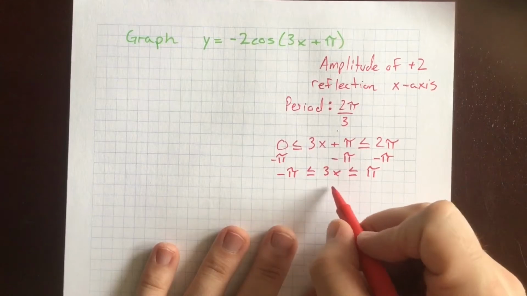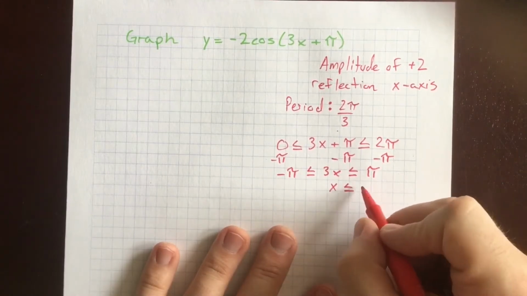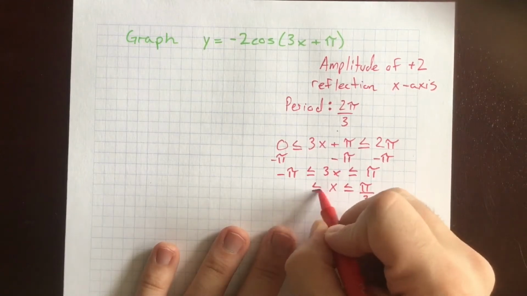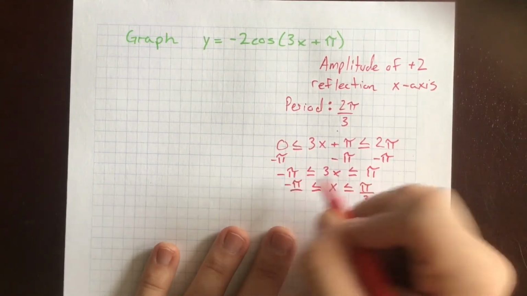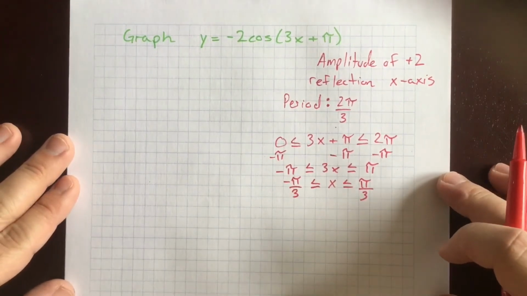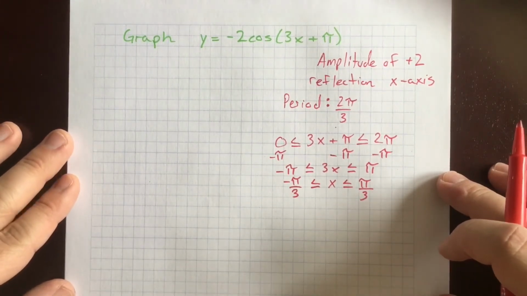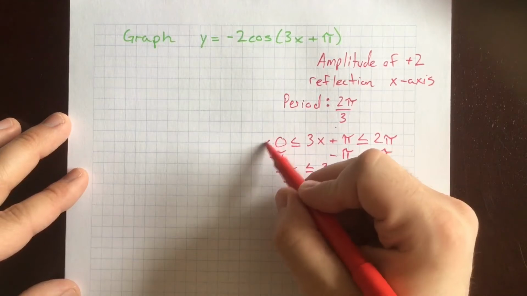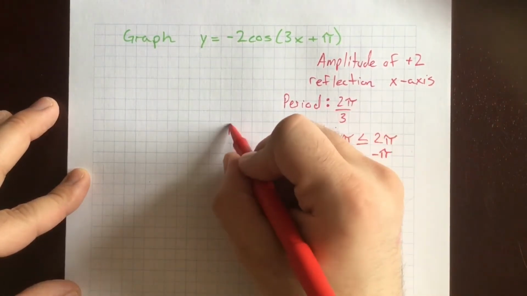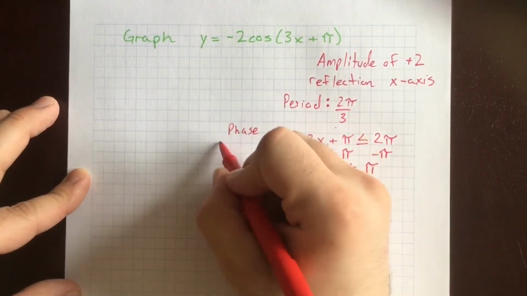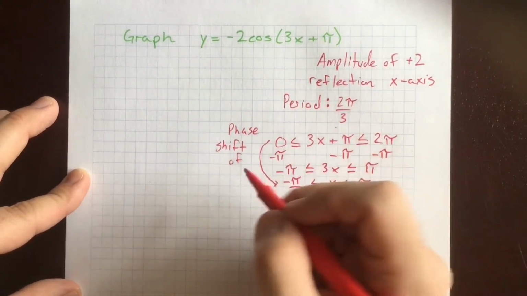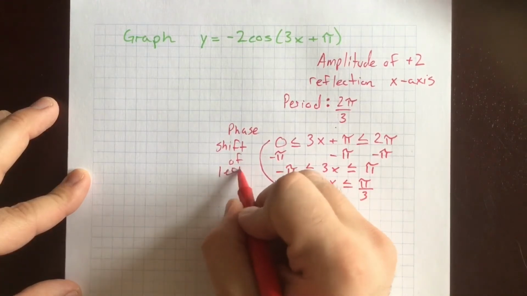And we divide by 3. And we see our phase shift of left pi over 3.